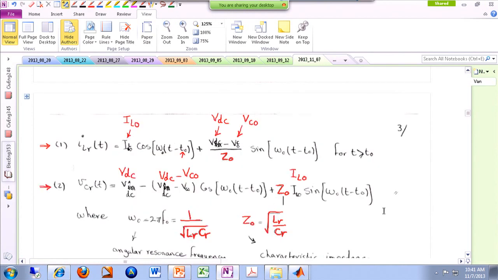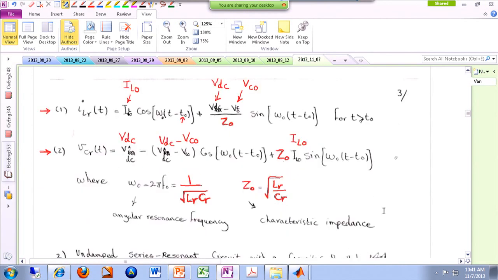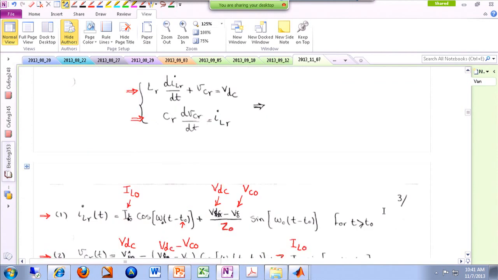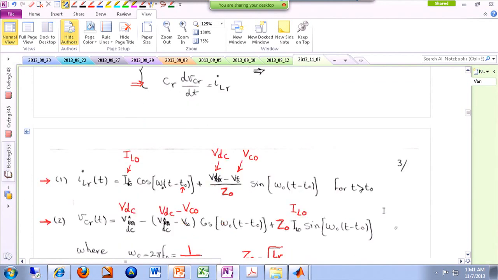All right, so this is one case. I'm hesitant about drawing these waveforms for you. But if you think about it, the current of the inductor starts resonating, and the DC value of this signal is still 0. Remember, most of the times when the current of an inductor is periodic, the DC value on average should be 0. So if you look at this, we started with IL naught.